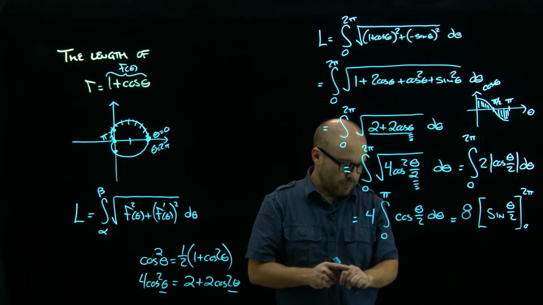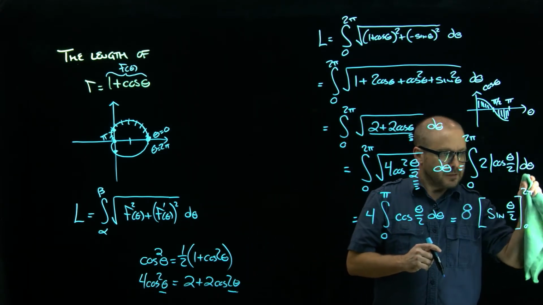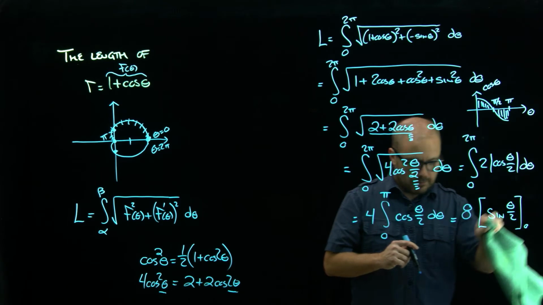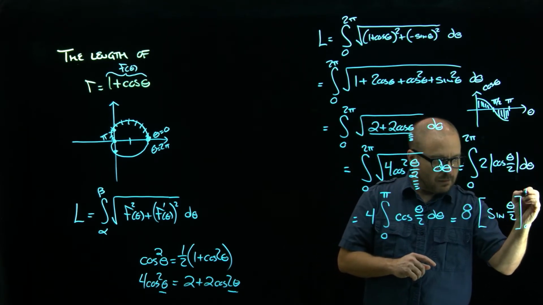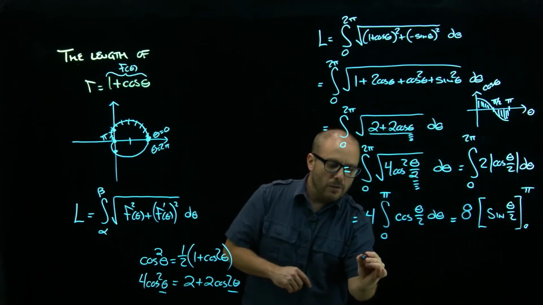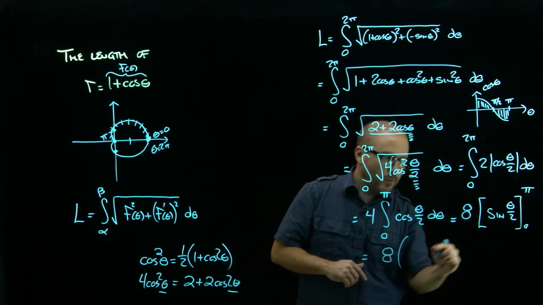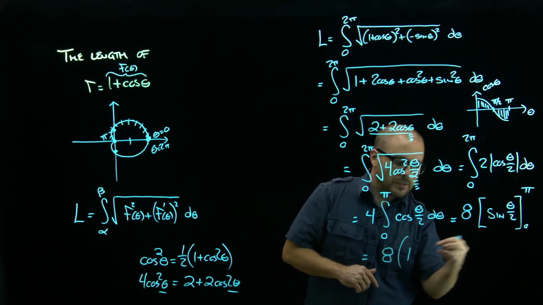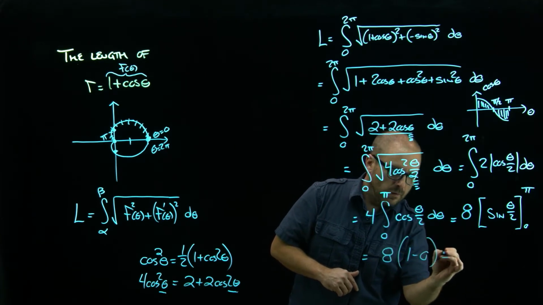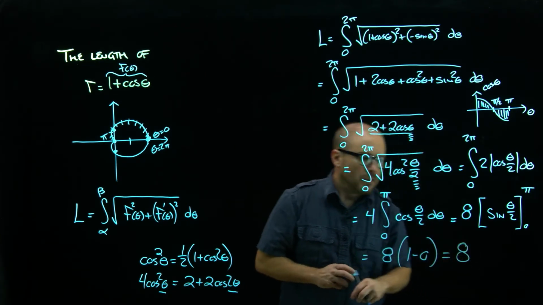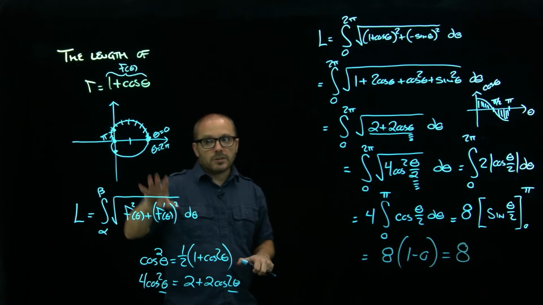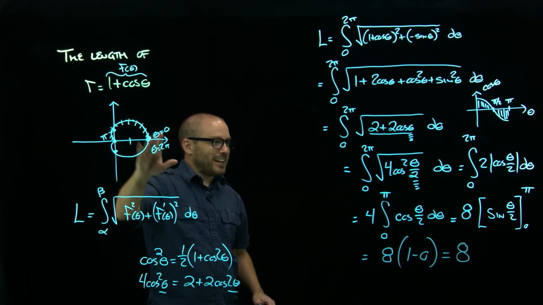And we're only going from 0 to pi. So now that's 8 times sine of pi over 2, which is 1. Sine of 0 is 0. We get a length of 8, which is better than 0, right? This thing is definitely not length 0.